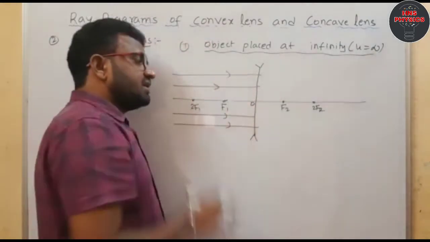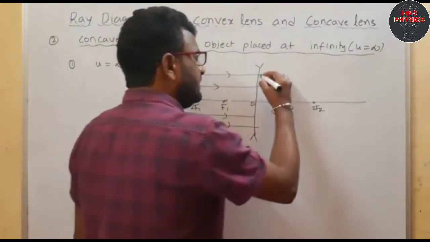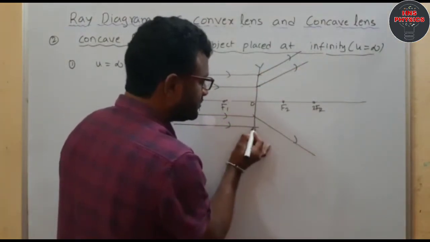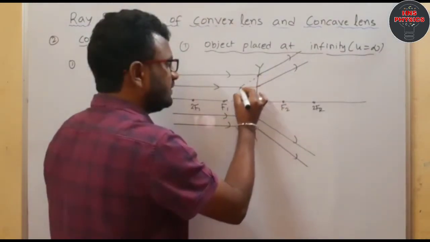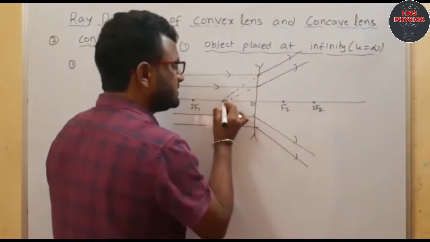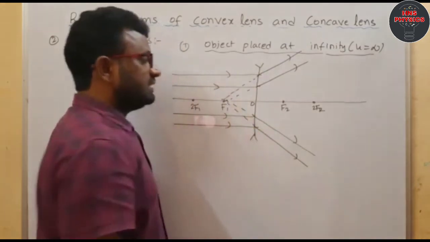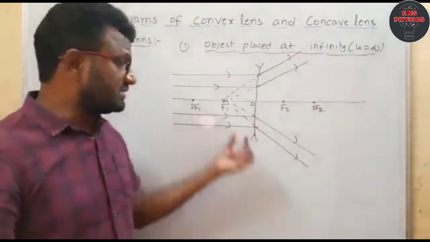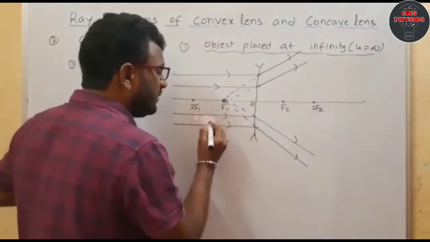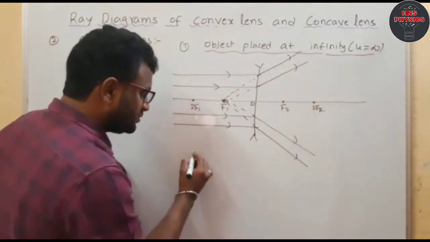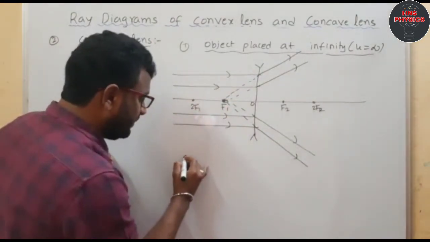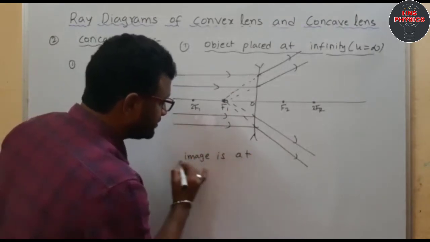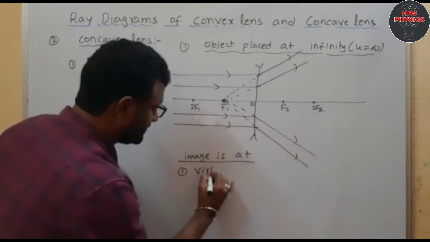When the rays are incident on the concave lens, after the refraction the rays diverge. When we extend these diverging rays, they appear to be going from the focus. So the image is formed at f1. So here the image is virtual, erect.